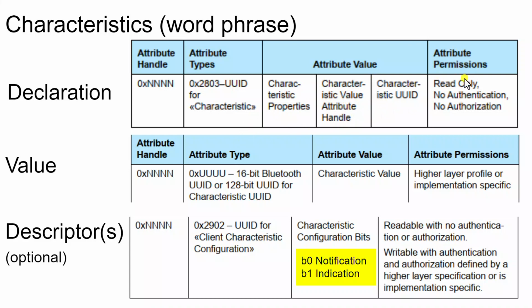The permissions for the characteristic declaration attribute are read-only, no authentication or authorization. What this means is that any Bluetooth device, Bluetooth low energy device, can find out the declaration of all characteristics on another Bluetooth device, because they're always read-only and they don't require any authorization.